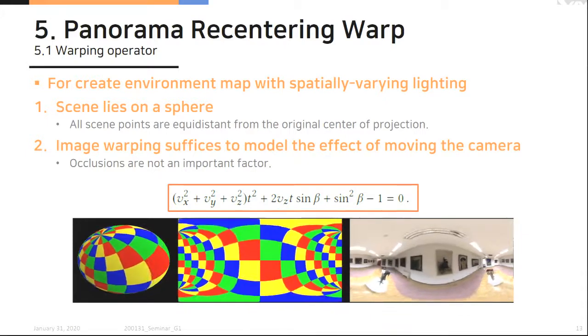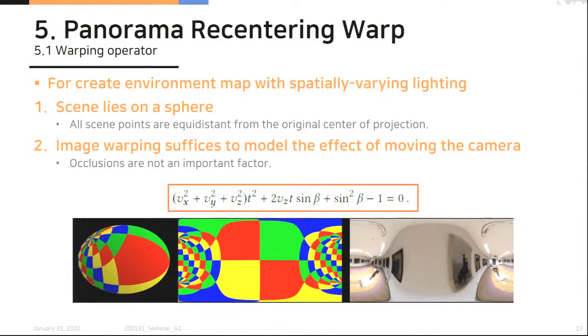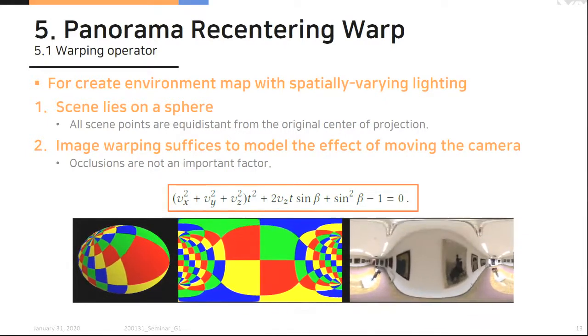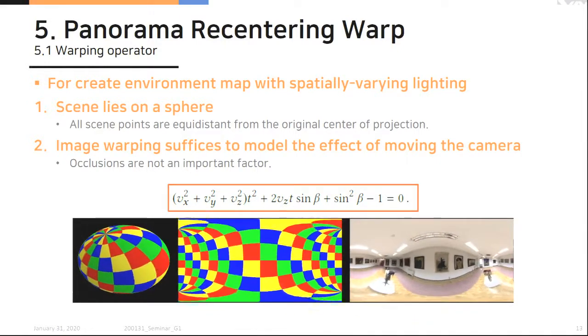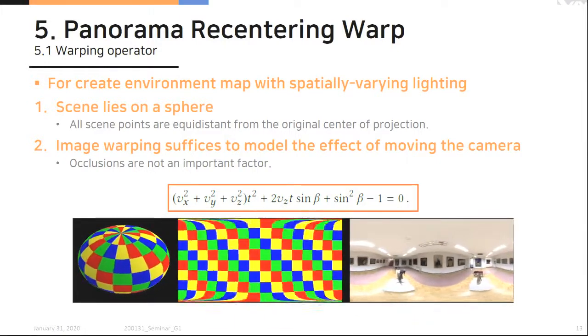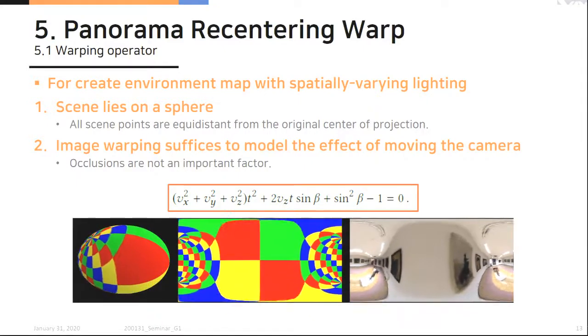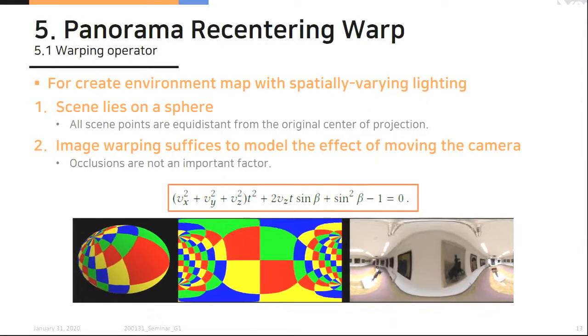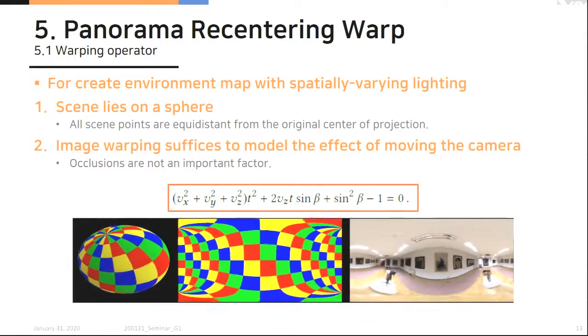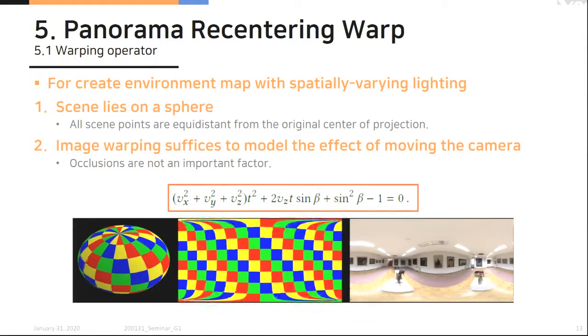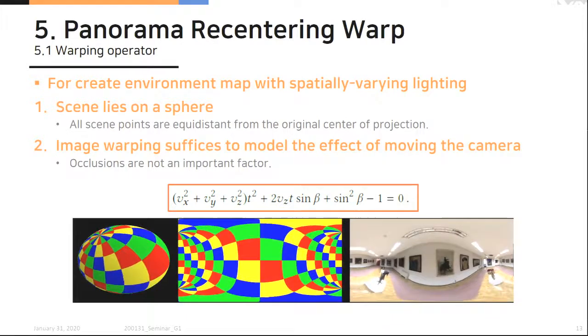The second assumption is image warping suffices to model the effect of moving the camera, meaning occlusions are not an important factor. If you see the video, it represents this well, and you get the idea. And they use these equations.